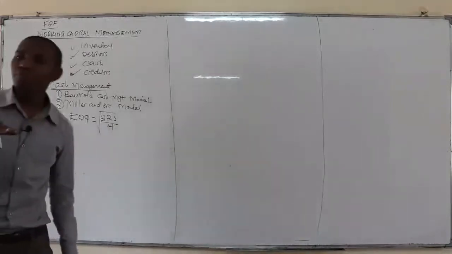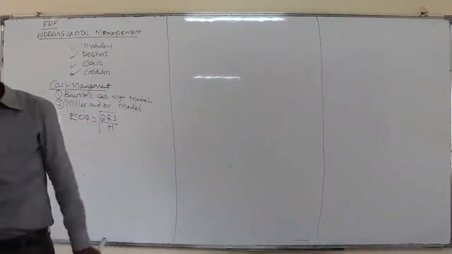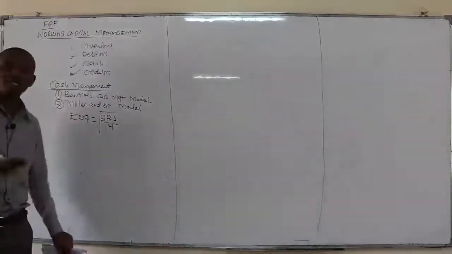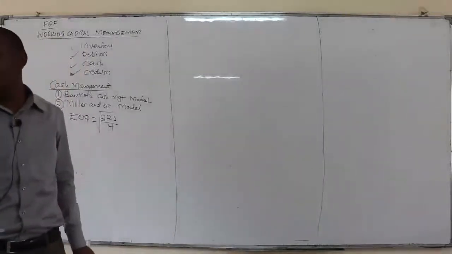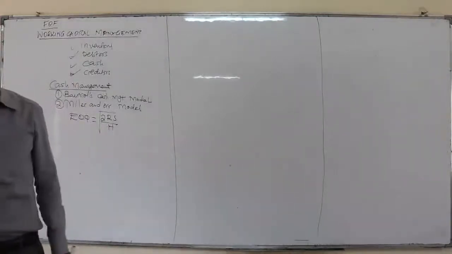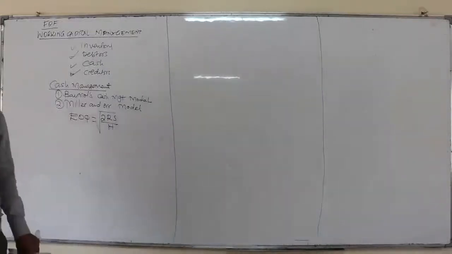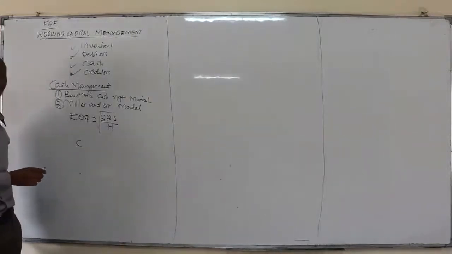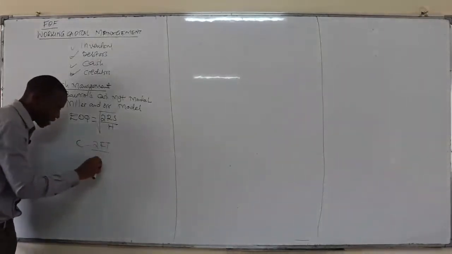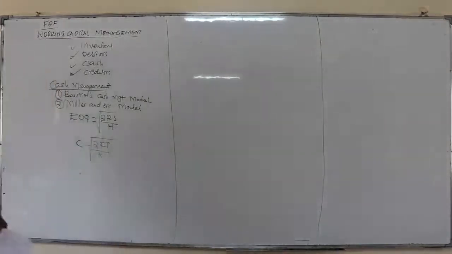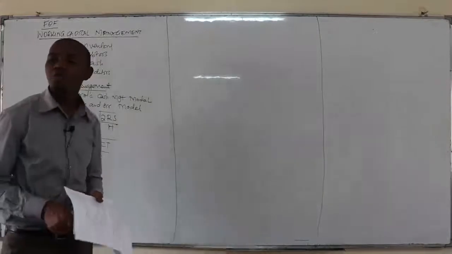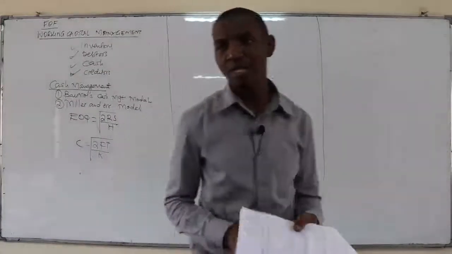The optimal cash balance is neither too much nor too little money; it is in the middle. Remember we have the lower cash limit and the upper cash limit, but Baumol came up with the optimal cash balance, which we also call the target value. The optimal cash balance, denoted by C, is the square root of 2FT over K, which is not different from the economic order quantity, as I've said it was developed out of it.